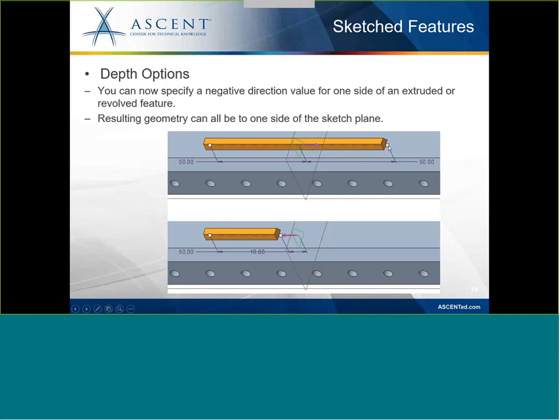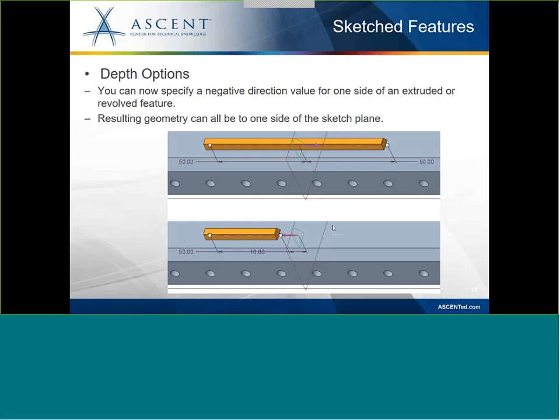I can take, either by dragging or editing the dimensions, one side of this and drag it to the opposing side of the sketch plane. So now, although I'm using a both sides feature, it's created only on one side of the sketching plane. And I can use, as I said, either drag it or a negative offset to establish that.